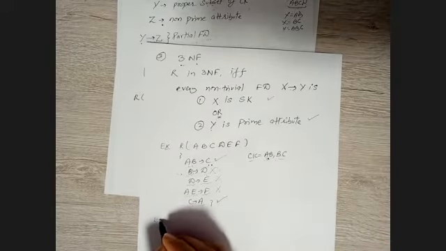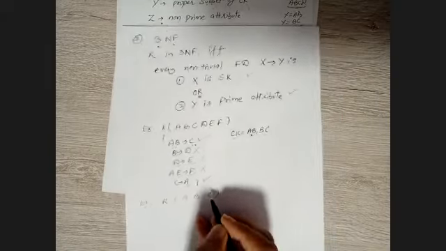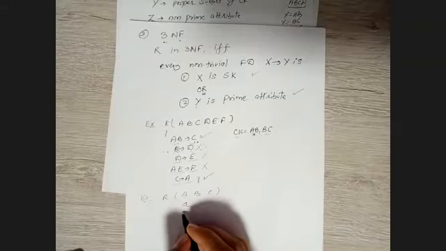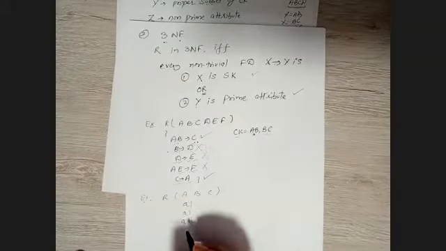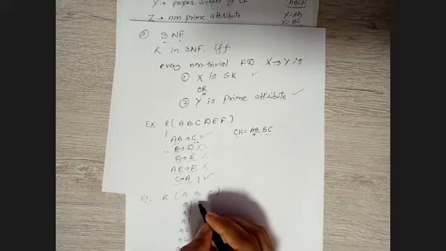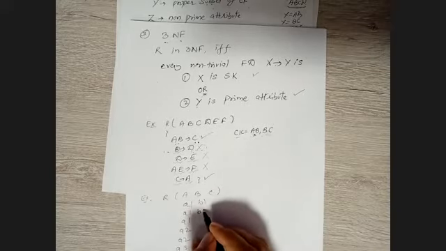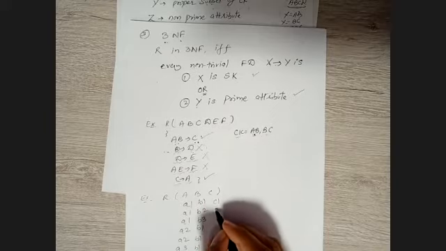Let me explain. For example, let's take some values. I'm just writing some random values over here. So these are some values I have taken.